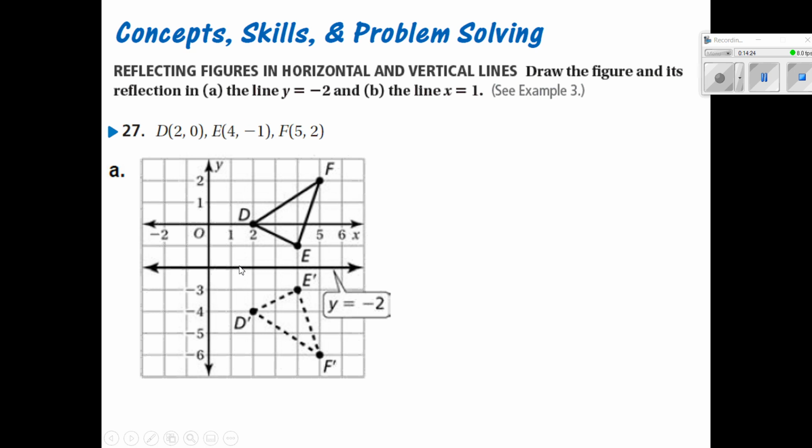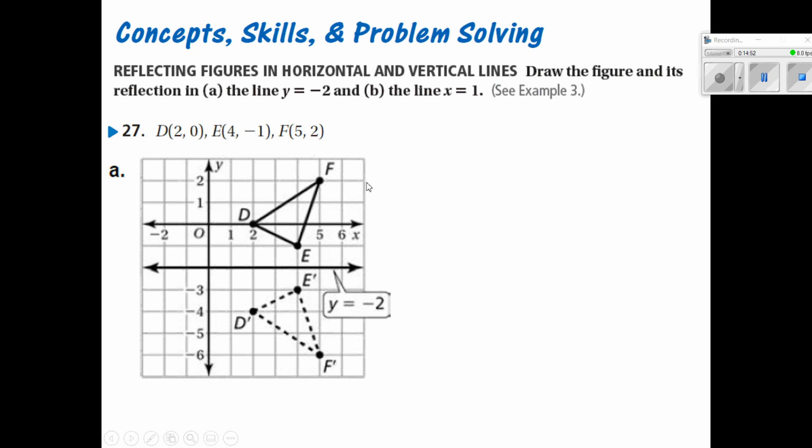And then I'm reflecting it across that line. So where E is 1 away from the line, E prime will be 1 away. Where D was 2 away, D prime will be 2 away. And where F is 1, 2, 3, 4 away, now F prime will be 1, 2, 3, 4. That was part A. Part B says the line is x equals 1.